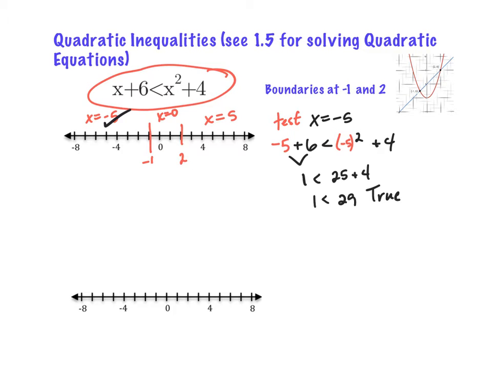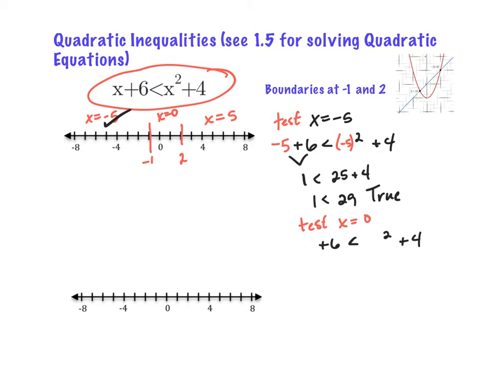Next up, I'm going to test x equals 0 back into the original inequality. So x plus 6 is less than x squared plus 4. Once again, I'm going to take out my x's. This time I'm going to put in 0.